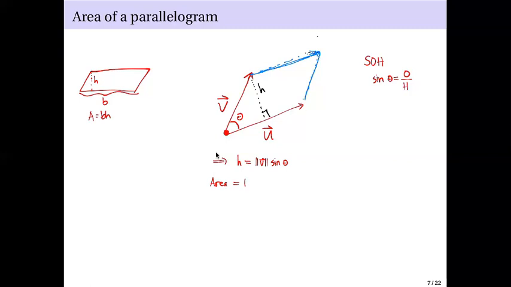So you will have norm of u times h, but the h is norm of v sine theta, so the area is norm of u times norm of v sine theta. So let me just put those vector arrows there. Okay?